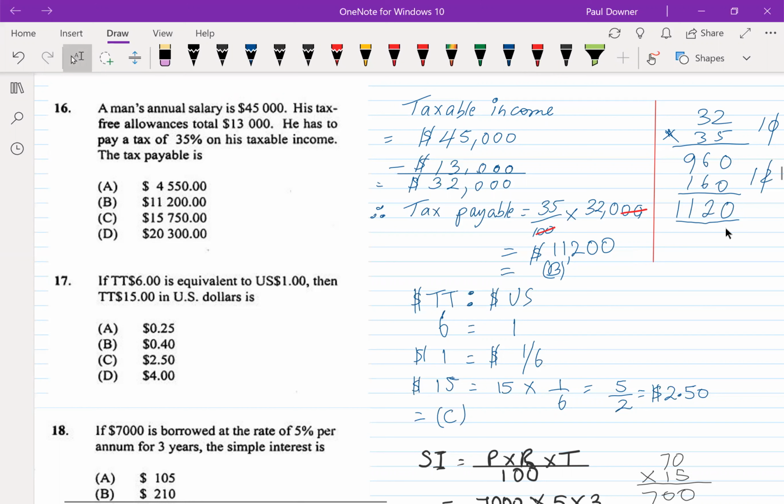And then what I remembered is not 32 by 35, it's 320. You see 32 and this 0 by 35. So whatever answer I get here, I have to add back one more 0 because I didn't put it up here. I used 32. So it should be 1120, and you put in another 0. That's why you see me have it there.